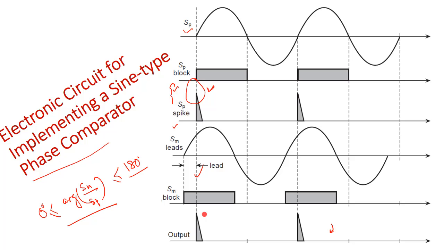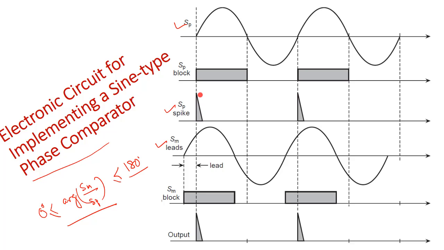Now this is a leading condition. Under this condition you can see here the Sp signal, and here is your Sm signal which is leading Sp by some angle, and here is your Sp spike.